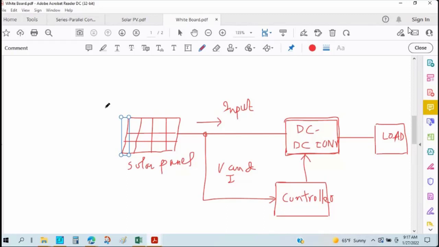That means output voltages can be higher than the input voltage, or lower than the input voltage. Clear to all of you? So this is the input power we are receiving from the solar panel in the DC-DC converter, and let's think that this is the output power.